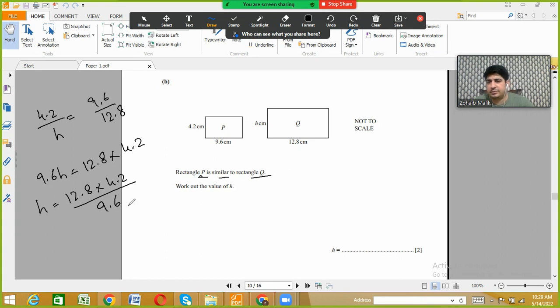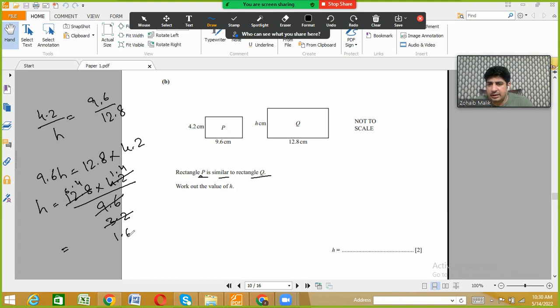Now if we see, this is in the 2 times table, and this in the 3 times table. So 3 3s are 9, 3 2s are 6, 3 1s are 3, 3 4s are 12. And now in the 2 times table, 2 1s are 2, 2 6s are 12, and 4 6.4.